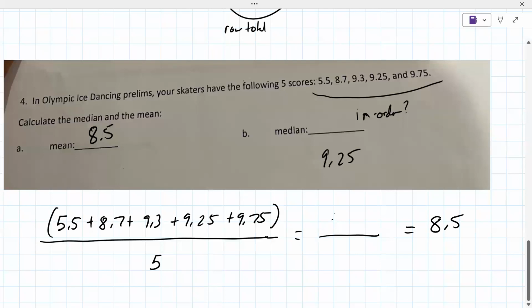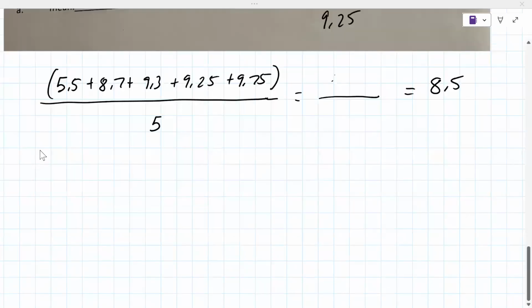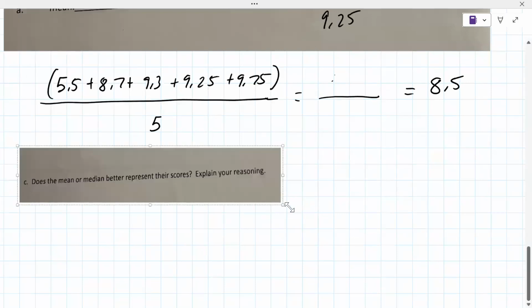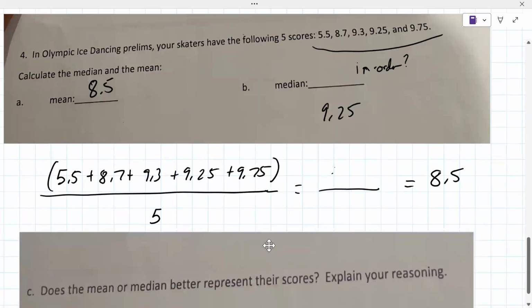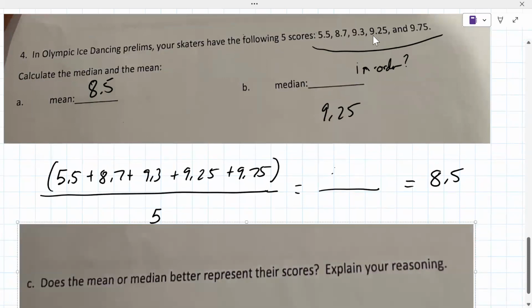Okay, let's look at the next question here, which I think is an interpret question. It says basically, which is better, the mean or the median? What you should think about is which one is a better representation of the scores.